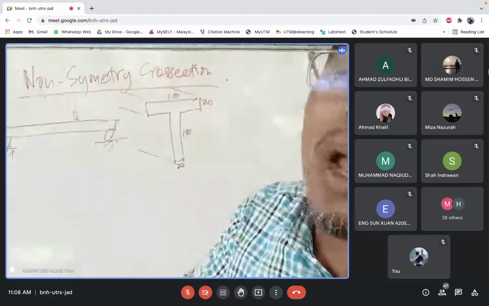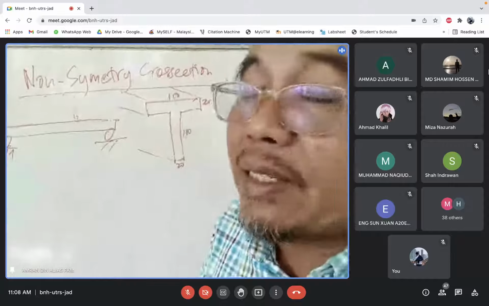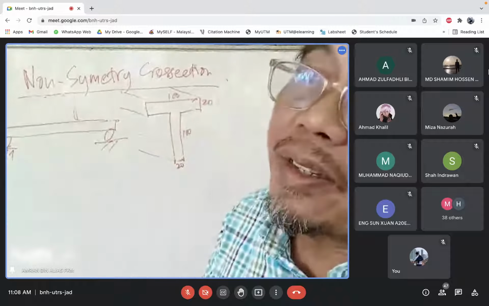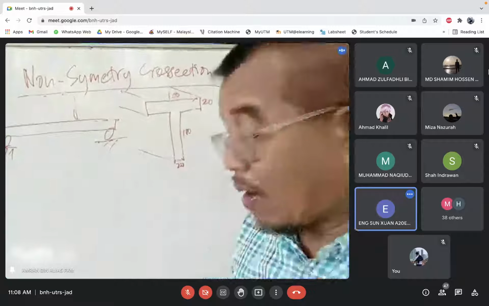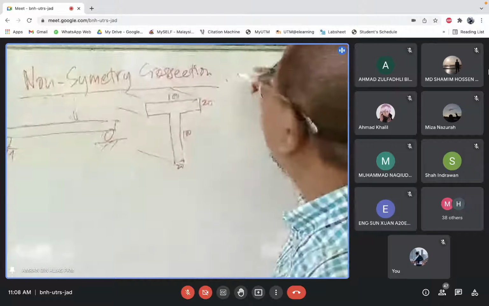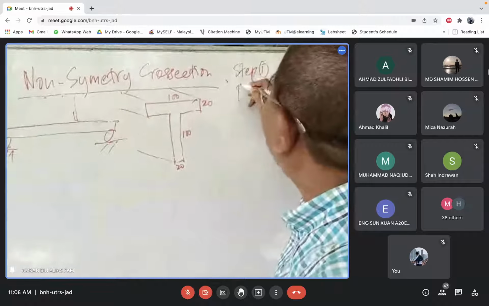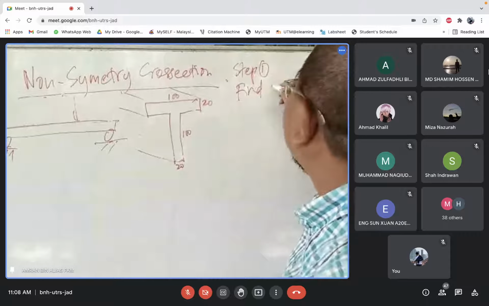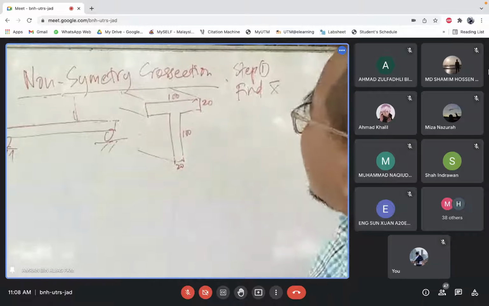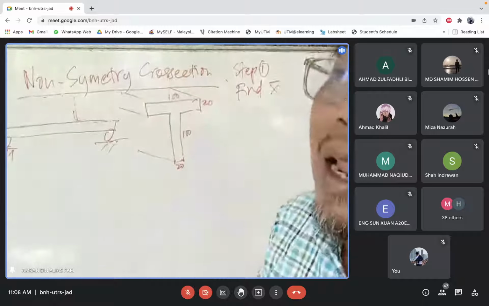So the first step, we have to find the position of the neutral axis. Still remember this from statics? Yes. So first step, find X bar. What is X bar? The position of the neutral axis. From where?